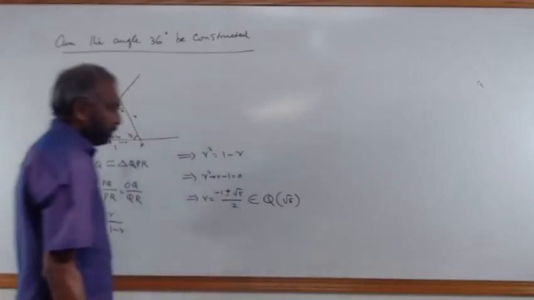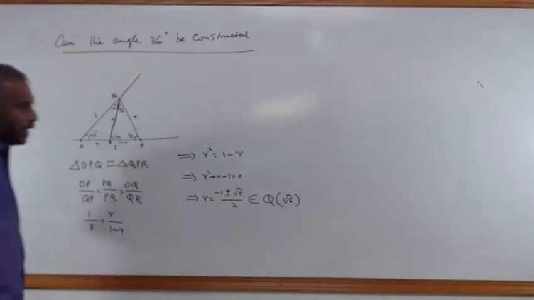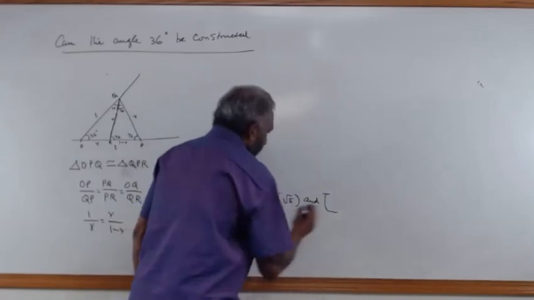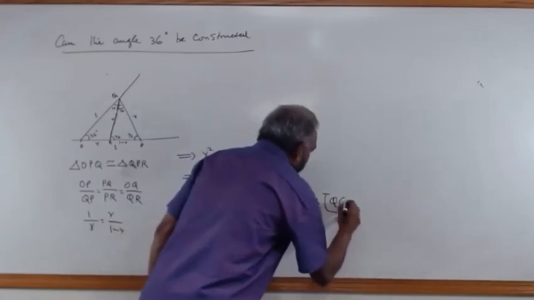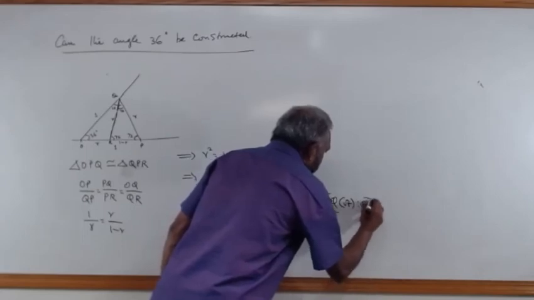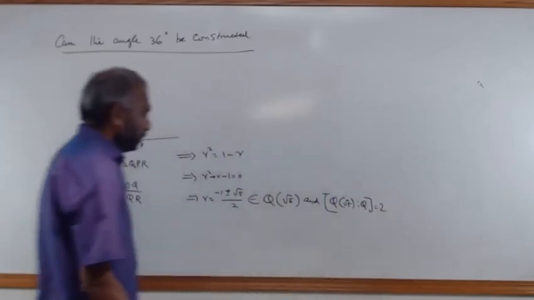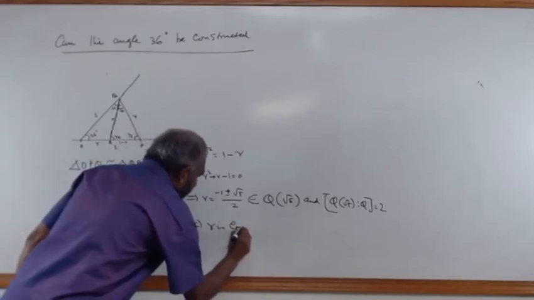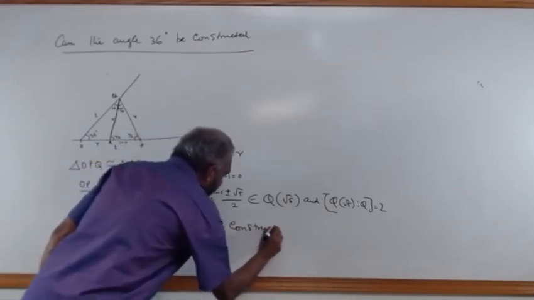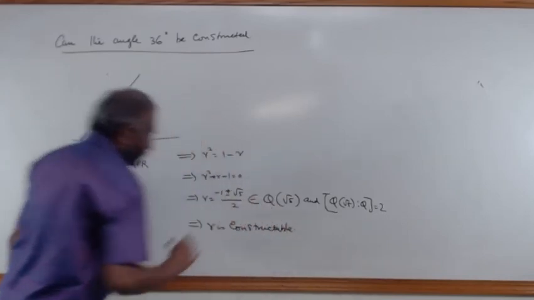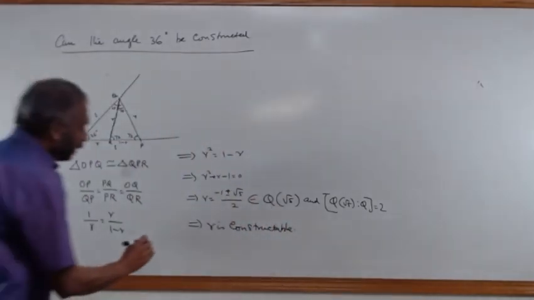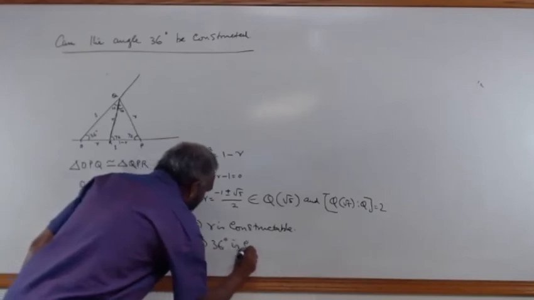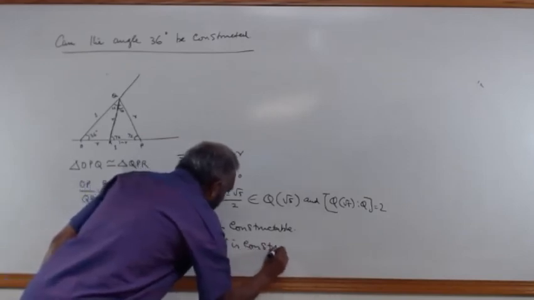And the degree of Q root 5 over Q is equal to 2. That implies R is constructible. And that implies 36 degrees is constructible.